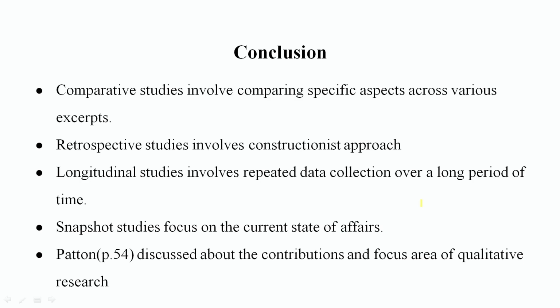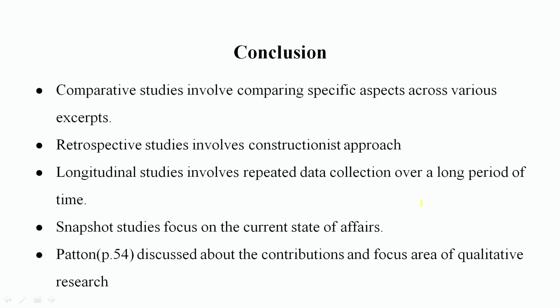It would be longitudinal or cross-sectional, or then identifying the context and its importance, because qualitative research, as we have seen, is context centric. It is highly sensitive to the context. The final aspect is generalizing the results, whether your results could be comparable with other studies or replicable in other contexts.